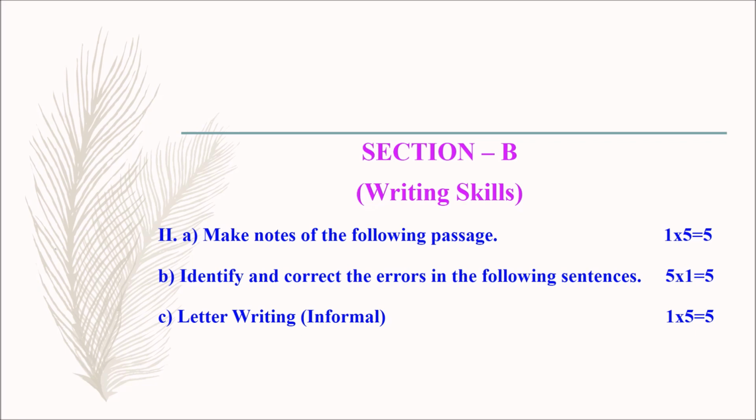Each question carries 1 mark. So totally 5 marks for spotting errors. Next one is letter writing. In letter writing, they will ask one informal letter. For that, you will get 5 marks.